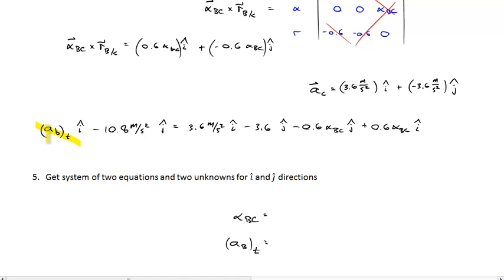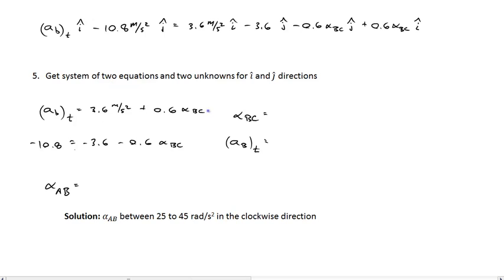We've got this unknown quantity, and these other quantities, so we can relate the tangential component of the acceleration of B to alpha BC. Then I can relate the j-hat component. We know this has got to equal these two j-hat terms. So we've got two equations, two unknowns, and solving for alpha BC, we come up with 12 radians per second squared, and in the tangential direction the acceleration is 10.8 meters per second squared.